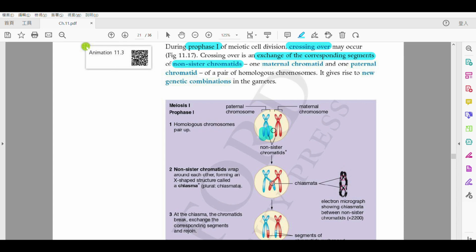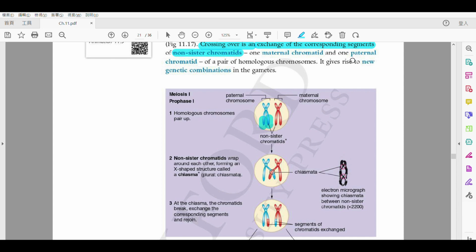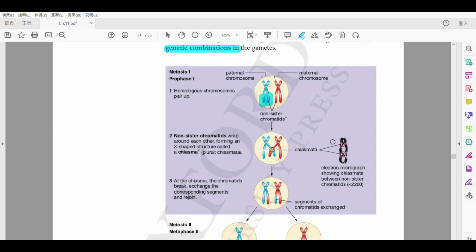They were duplicated, replicated, so they are the same. So state this line very carefully: it is an exchange of corresponding segments of non-sister chromatids. Here it is maternal and paternal chromatids crossing over, which is why they are non-sister chromatids. Therefore they give rise to a new genetic combination.